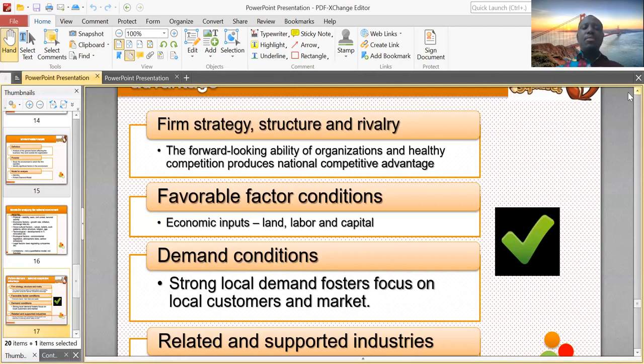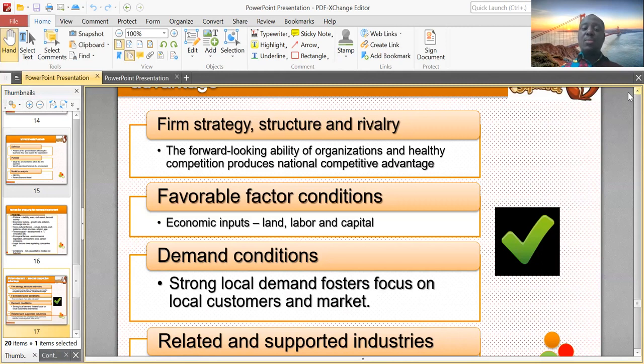So firm strategy and rivalry help to produce national competitive advantage. When there's rivalry between firms, healthy rivalry, I'm not talking about unhealthy competition, it helps to produce what we call national competitive advantage.